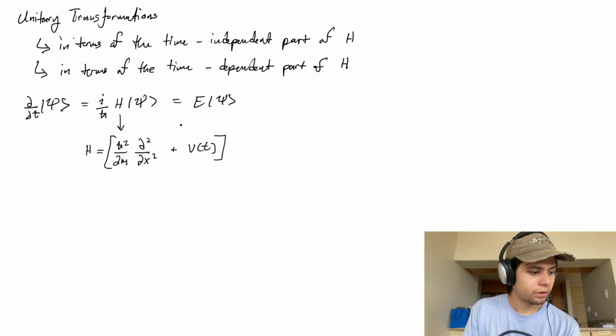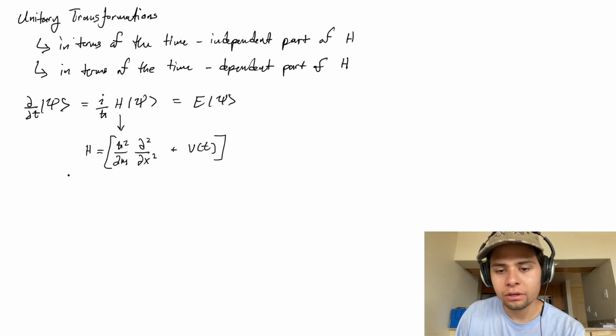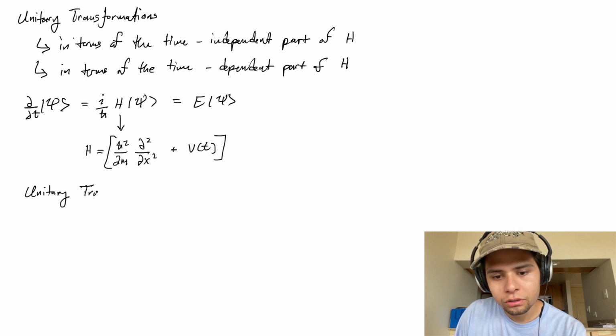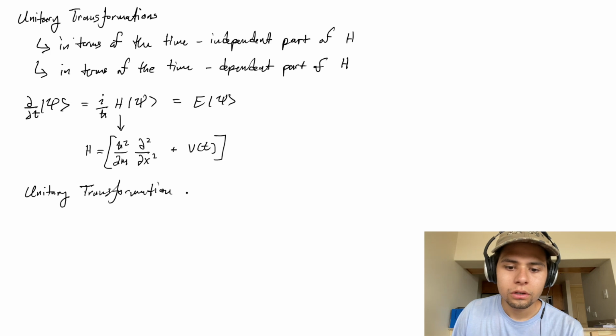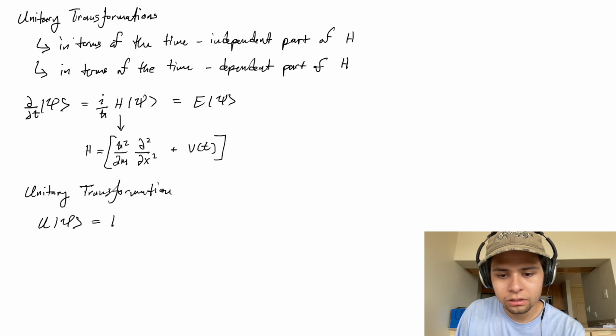When we're talking about unitary transformations, the first thing we want to talk about is what a unitary transformation is. A unitary transformation is one where we have our unitary operator, U, and it might act on psi, and what it gets us is just psi in return.